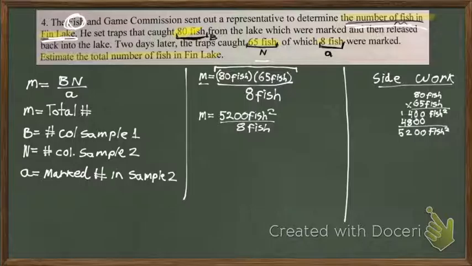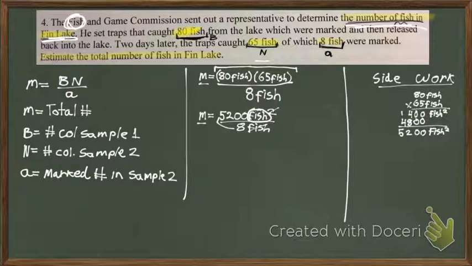We know we're on the right track because when we execute this division of 8 into 5,200, this fish is going to cancel with one of these fish up here, and we're going to be left with a unit of fish. So we're on the right track so far.